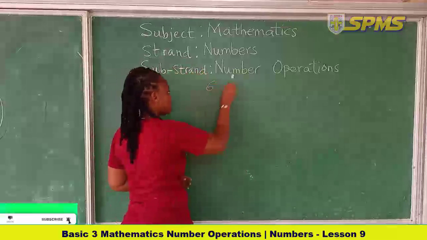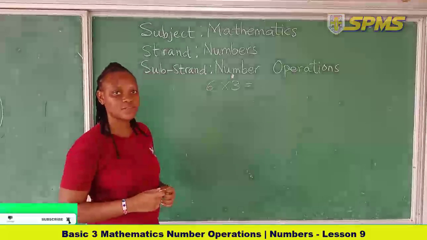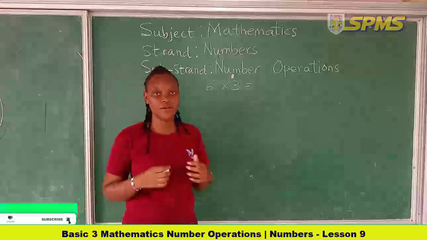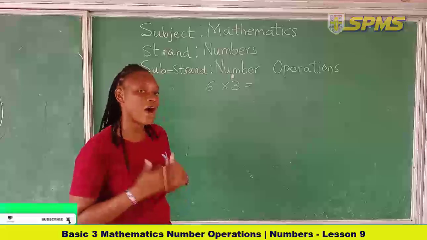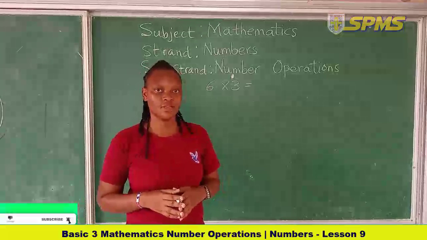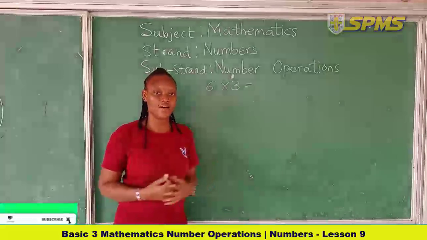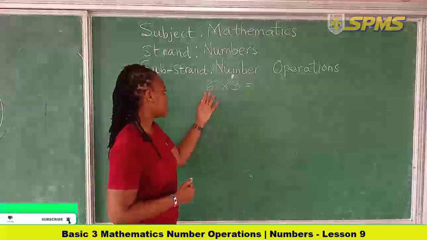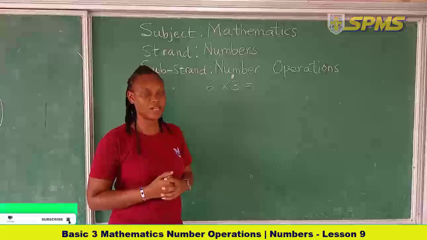Okay, so we have our last example. We have 6 times 3. 6 times 3 using the rectangular arrays in finding an answer for our multiplication sentence. Good. So we are using our legs and then our arms. The first number is the what? The leg, which is the vertical lines.